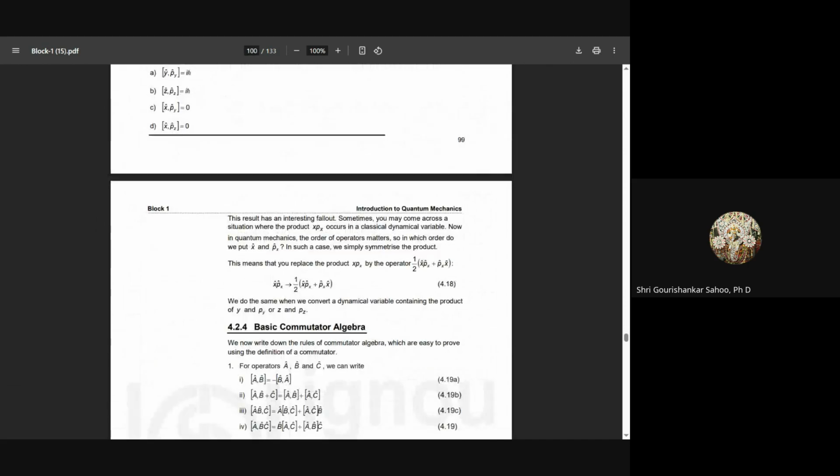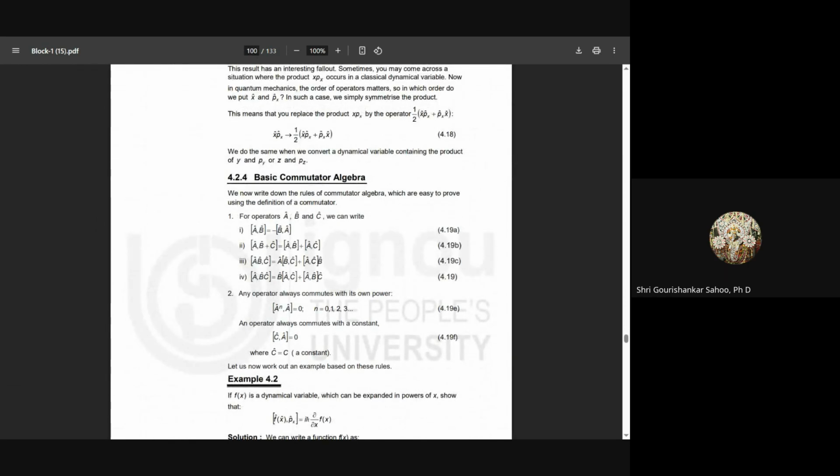Then operators obey commutator algebra. So within the bracket, [A, B] will give you minus [B, A], so it will not commute.